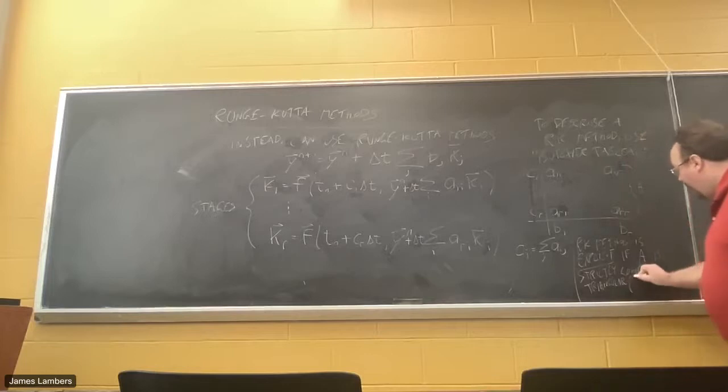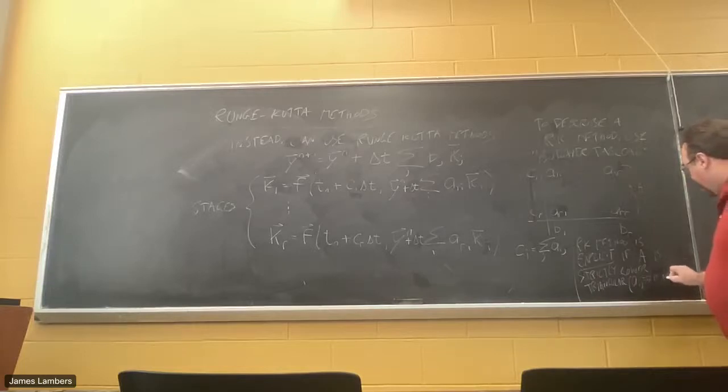In other words, Aij is equal to 0 if i is less than or equal to j. Right. And most of the examples I'll show you today have that property.